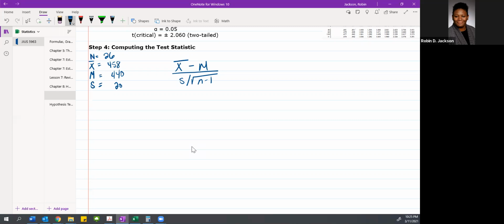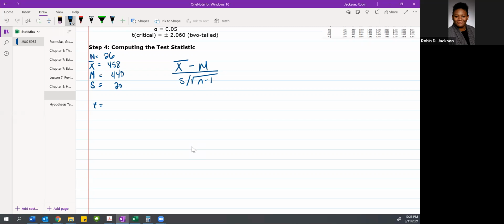All right, so let me go ahead and put T. If at any point I start writing a Z, just don't panic. It may mean that I'm so used to doing problems for Z, and these formulas look the same, that I may have just switched over in my brain to Z, but it's really T for this particular problem. Okay, so for the T, let's go ahead and plug these numbers in.